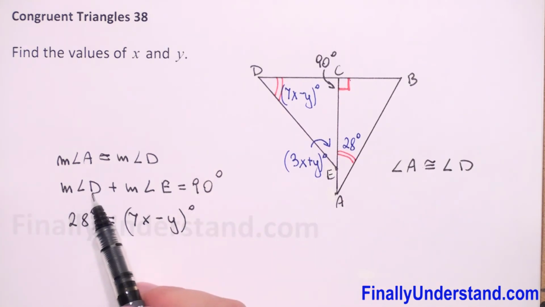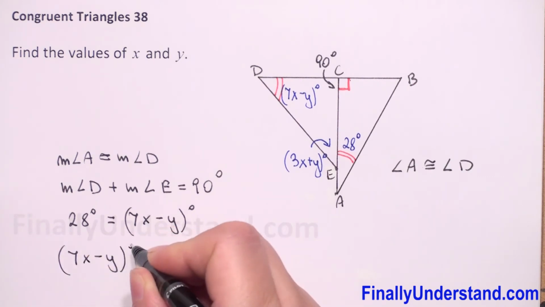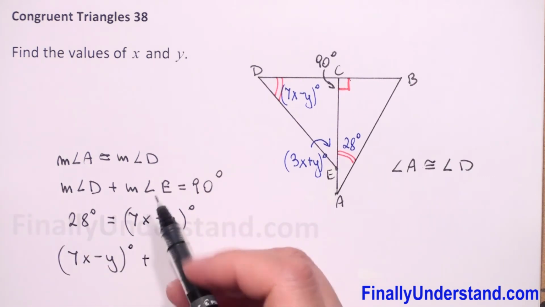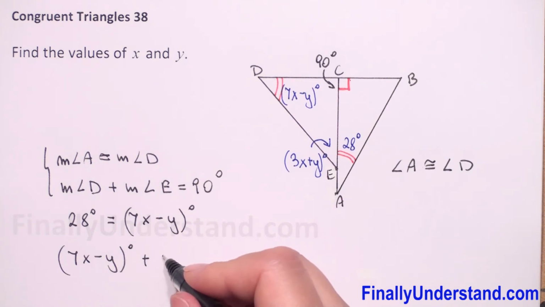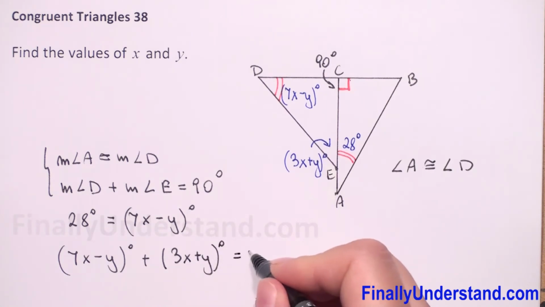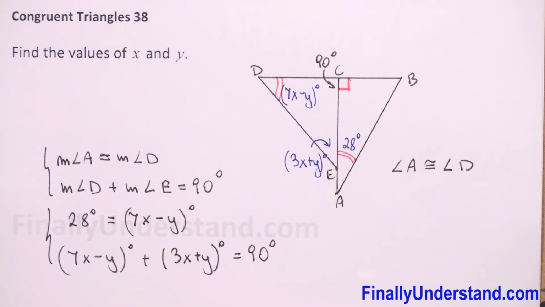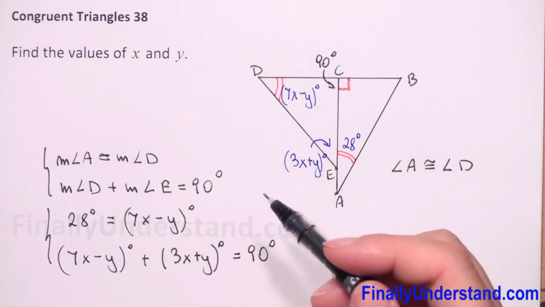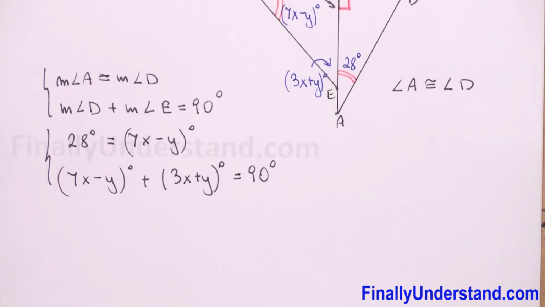And measure of angle D, 7x minus y degrees, plus measure of angle E, so we have 3x plus y degrees, is equal to 90 degrees. Let me put that these are our two equations. So we have two equations, two unknowns. So let's forget about degrees first.